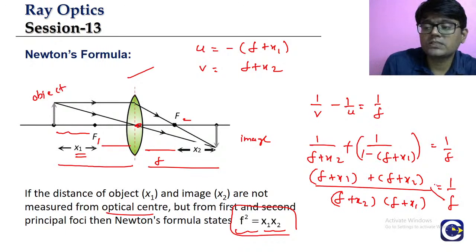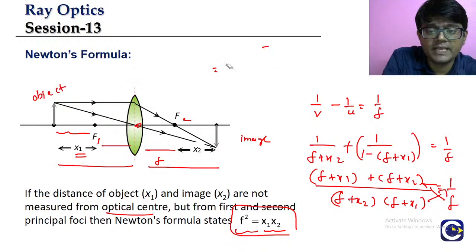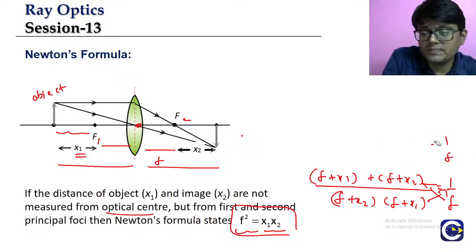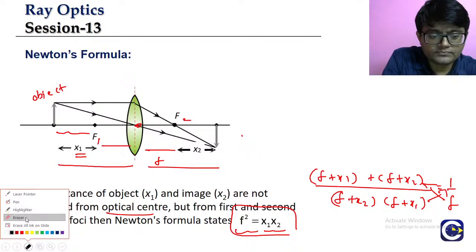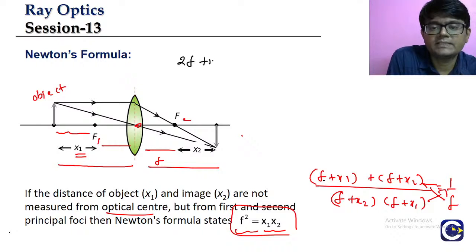Now we will have to cross multiply and then simplify it. So maybe you can try to work it out parallel with me. Check what we will be getting. If you cross multiply, on the left side we'll have f plus f, 2f plus x1 plus x2, into f.